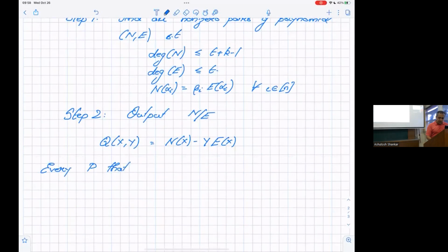In fact, there is only one p that has agreement greater than (n plus k) by 2 and satisfies this.